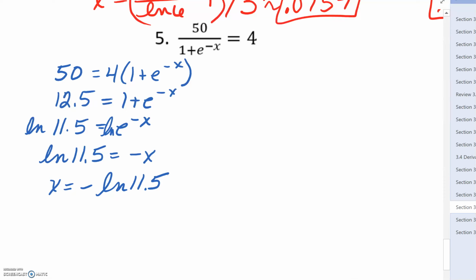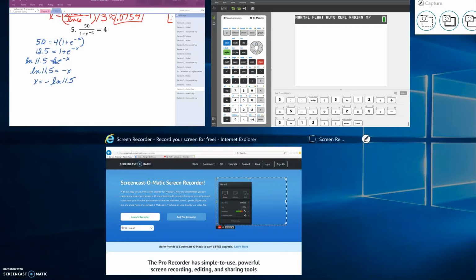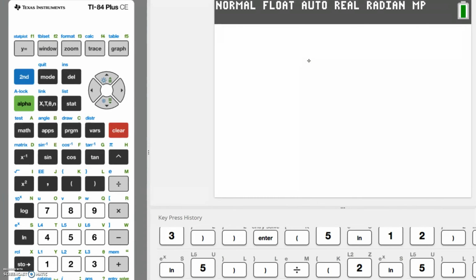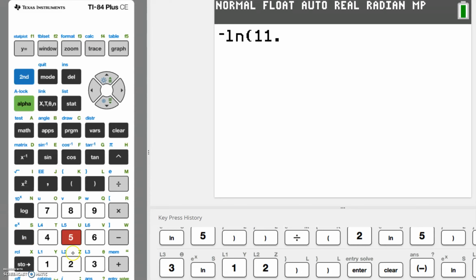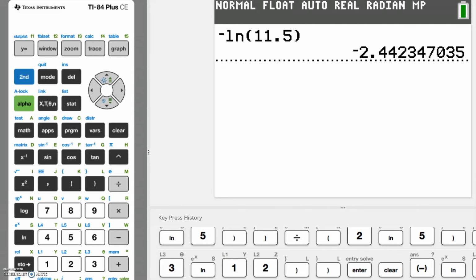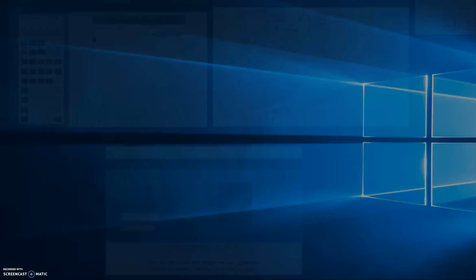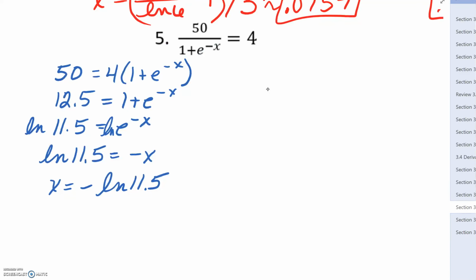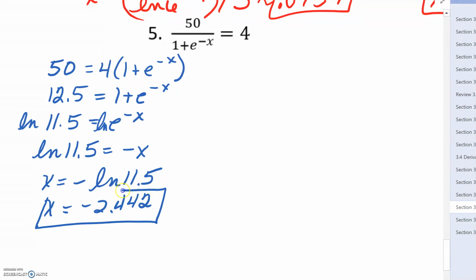If I go over to my calculator and take the opposite of the natural log of 11.5, that gives me about negative 2.442. And that's my result. So that one wasn't too bad.